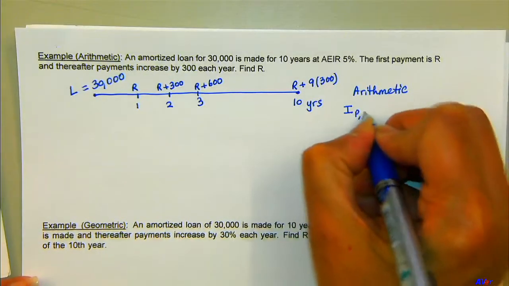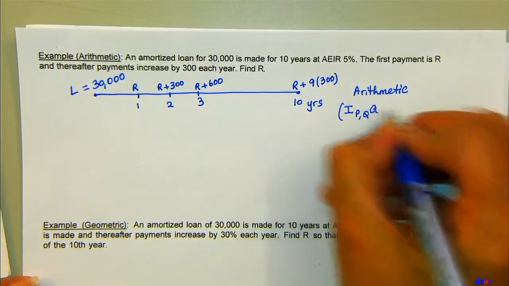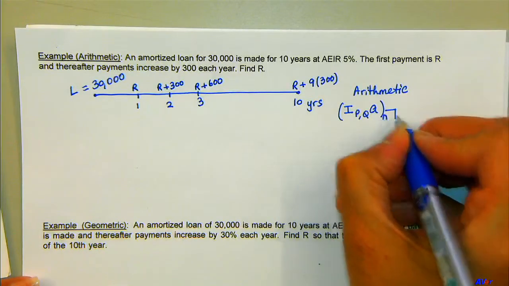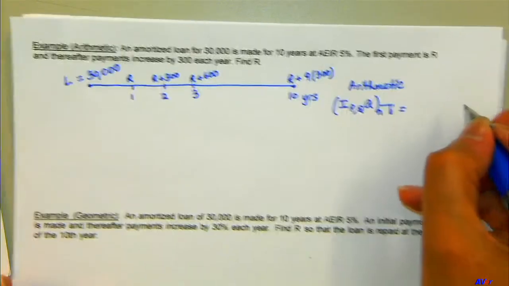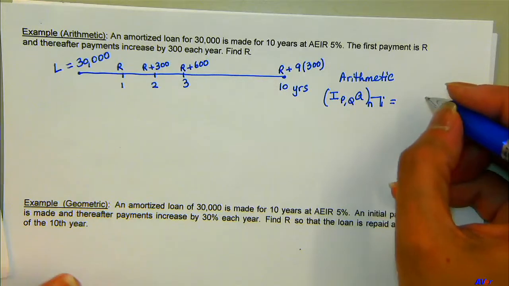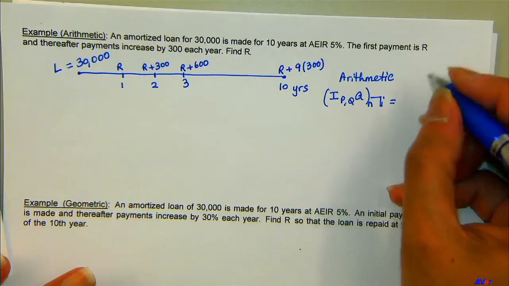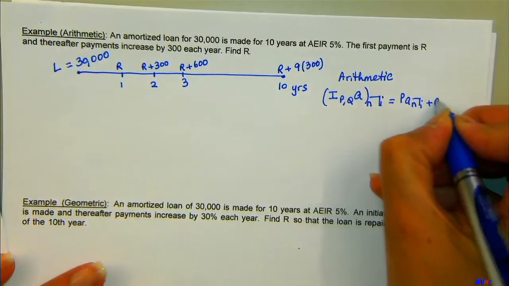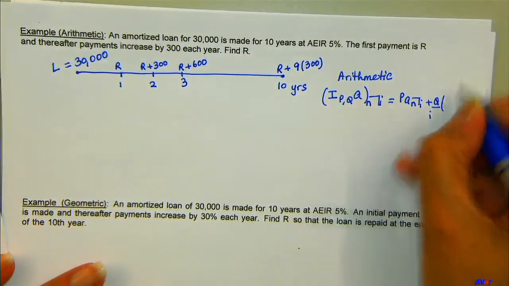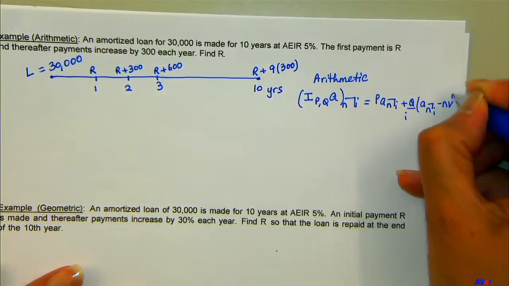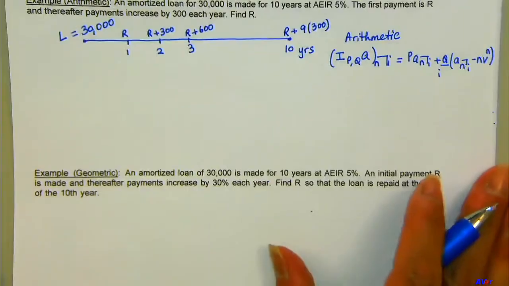I, P, Q, A angle N. What's the formula for the present value? Right. So can we plug in?